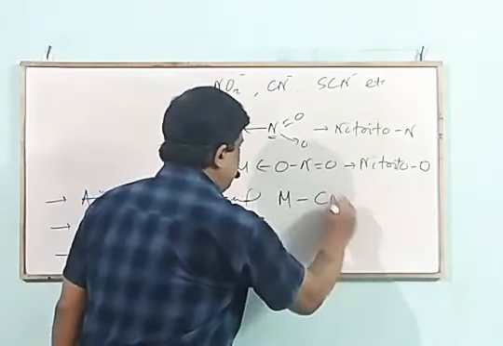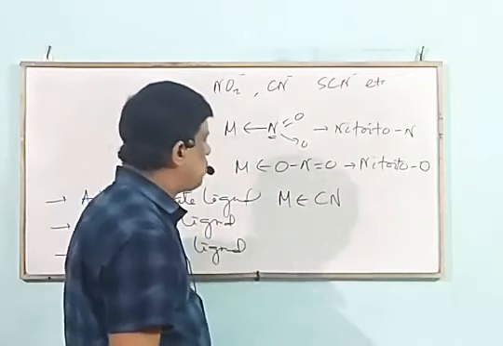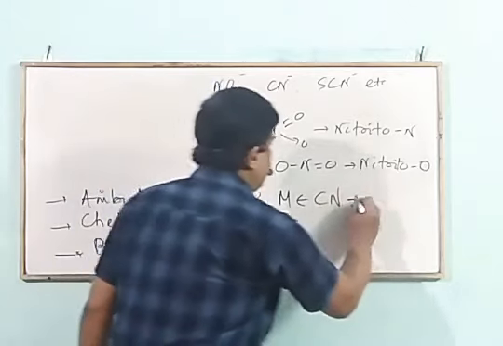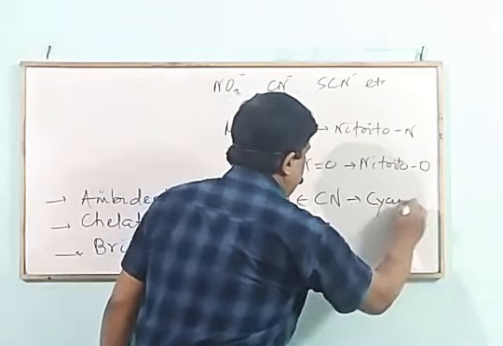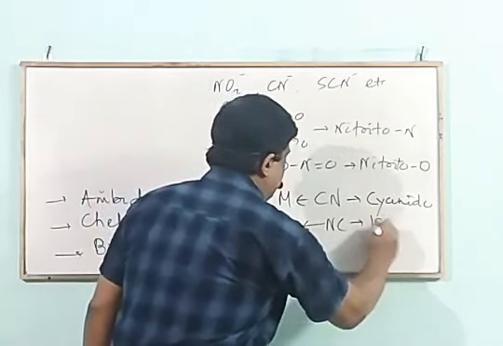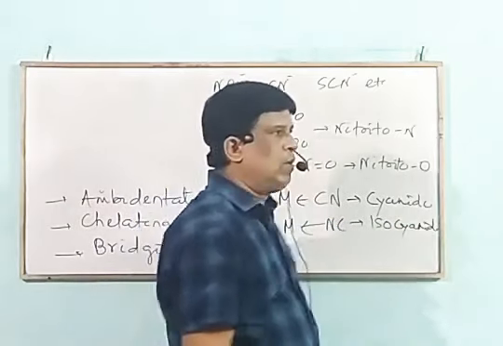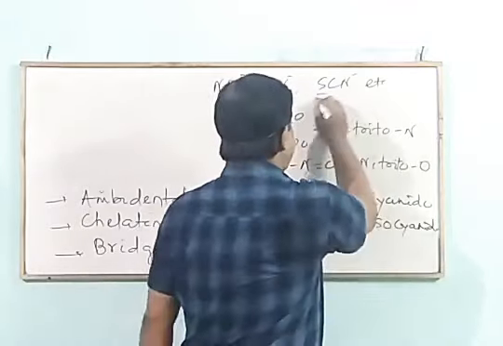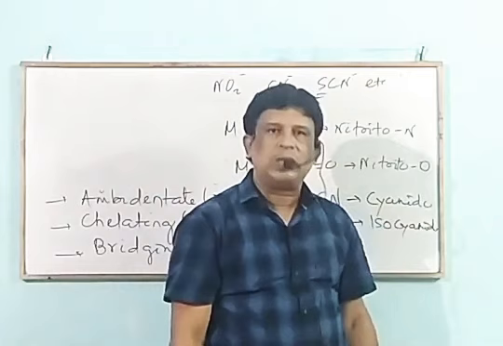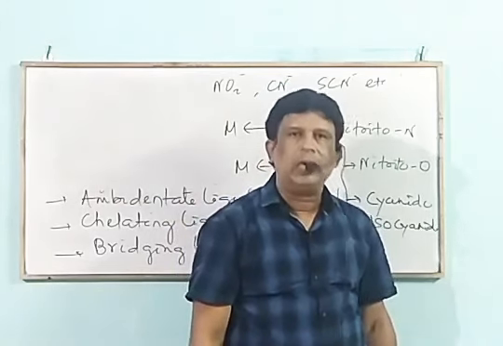Similarly, in cyanide, carbon has the capacity and nitrogen also has the capacity, but at a time only one of them donates. It is known as cyanido-C or isocyanido. Similarly, when S donates, thiocyanate; when N donates, isothiocyanate. These are some examples of ambidentate ligands.